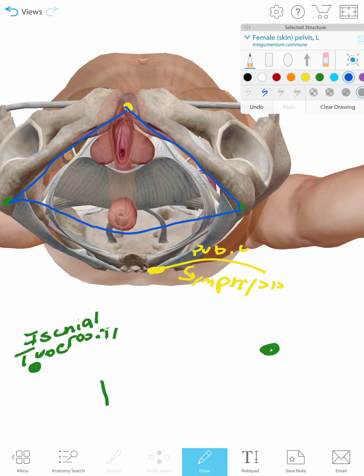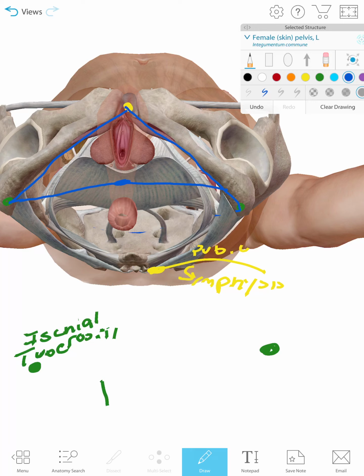Actually, sorry, oops. No, I drew a little too deep. My fault. Here is the urogenital triangle. This region is the anterior part of the perineum.